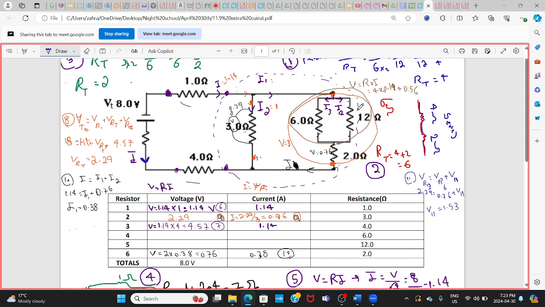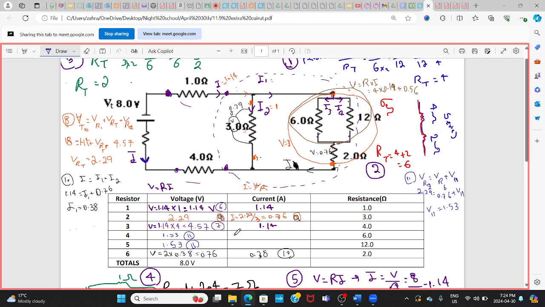Now I get a V across the whole thing. Let me see if I can substitute anything there for the 6 ohm and 12 ohm. I cannot substitute unless I get the V here. I got a V across these parallel things, which is 1.53. Put that there. It came from step 11.